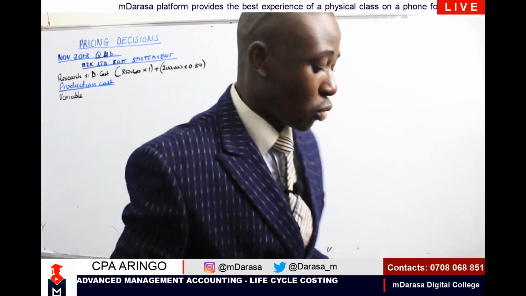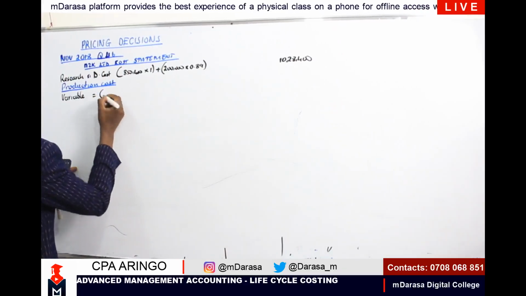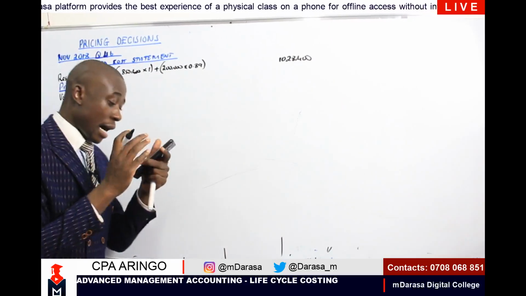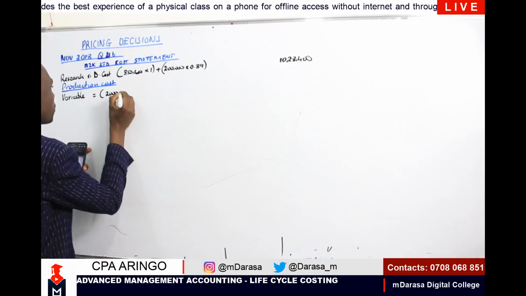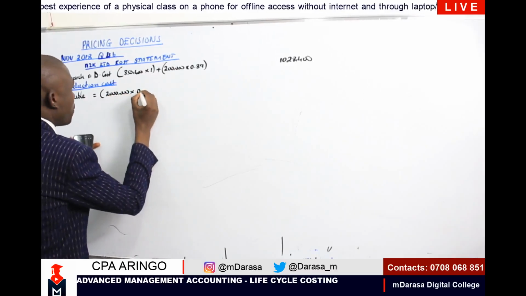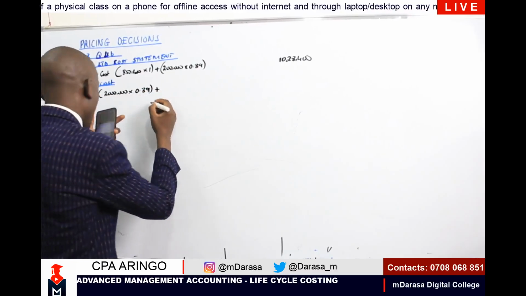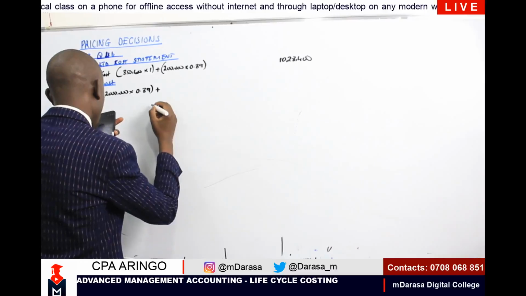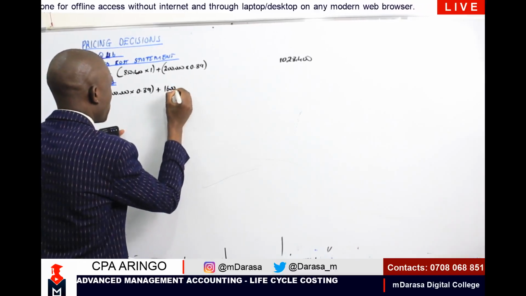So therefore, this is what you are going to take. For variable cost year 1, I'm having 100 by 20,000. That should give us 2 million. We multiply by present value factor 0.89. We are going to add 31st December 2019: 80 by 20,000. That should give us 1.6 million.